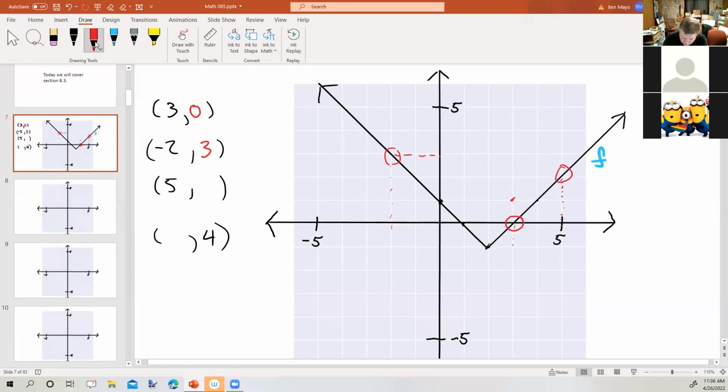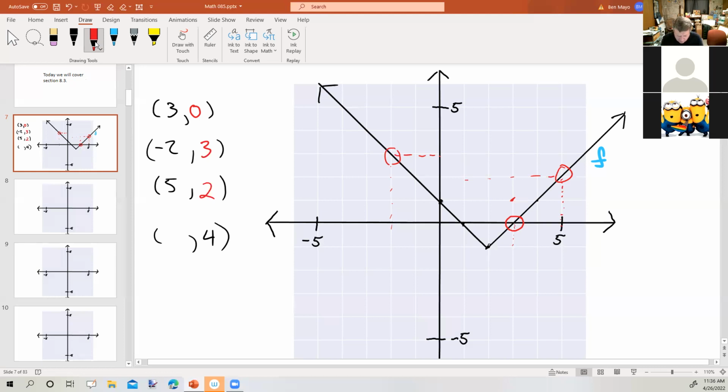What's the corresponding y value? 2. Okay, so far so good. So given an x, we look on the graph, we find a point on the graph that has an x coordinate of the given amount, and then we just write down what the corresponding y coordinate is.